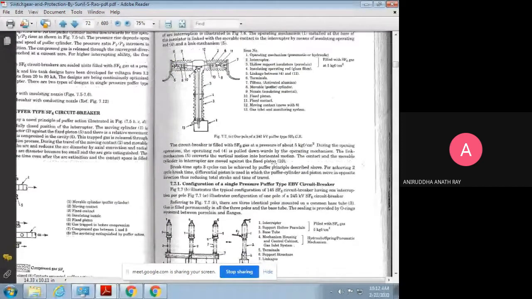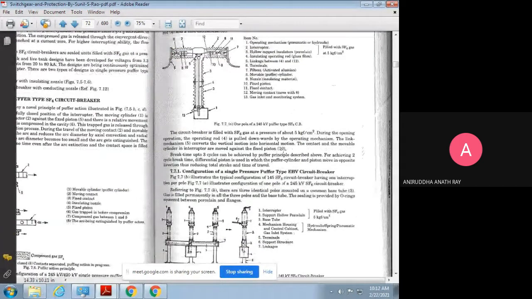A break time of up to 3 cycles can be achieved by the puffer principle described above. For achieving a 2 cycle break time, a differential piston is used, in which the puffer cylinder and the piston move in opposite directions, thus reducing the total stroke and the time of travel.